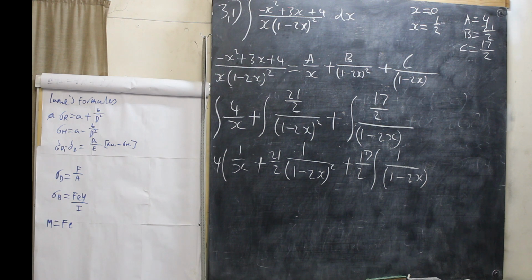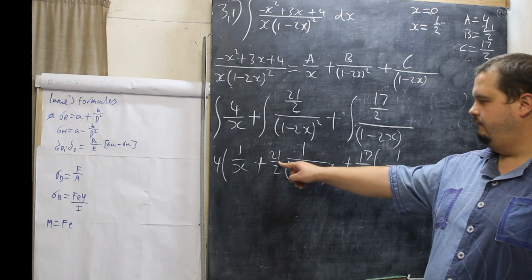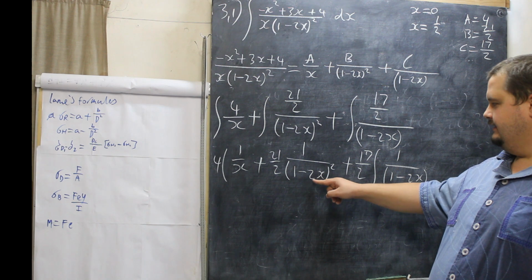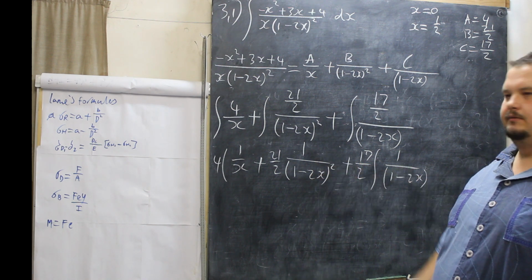Okay, so now we've got to multiply each side. We've got to multiply these by a half to make the numerator the same as the denominator.